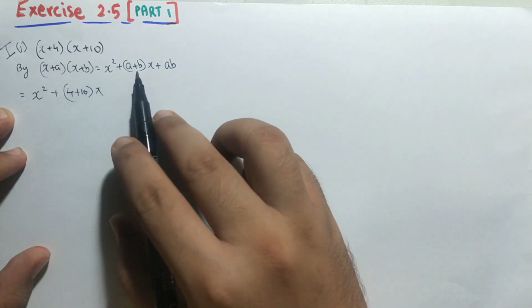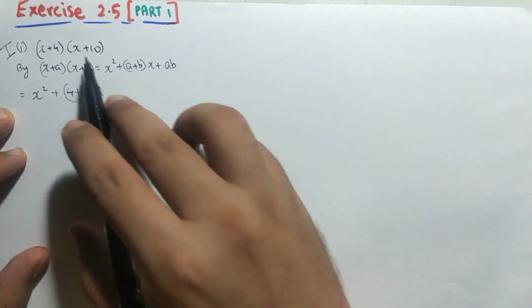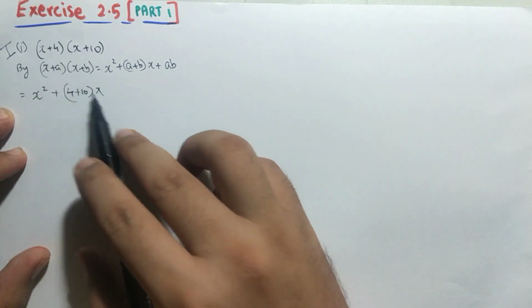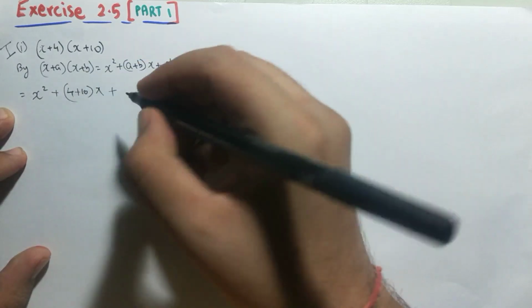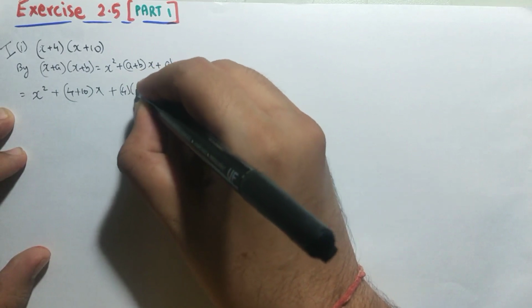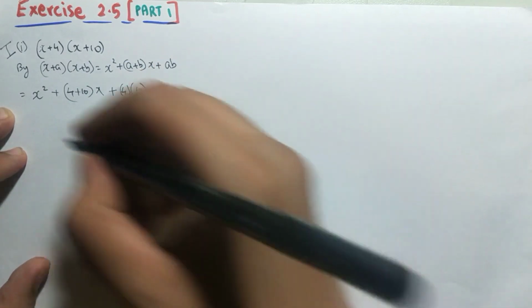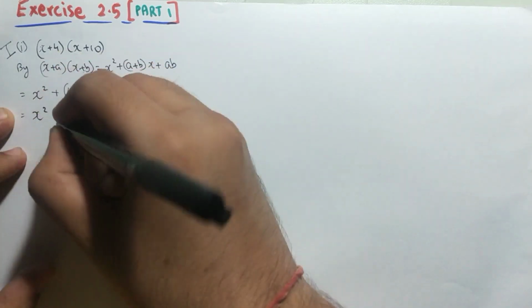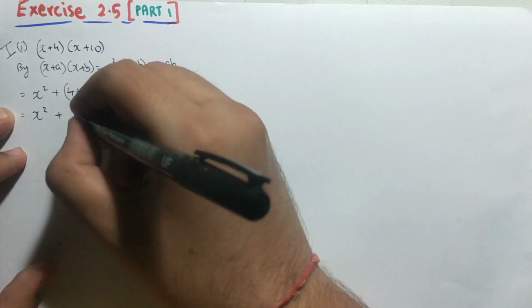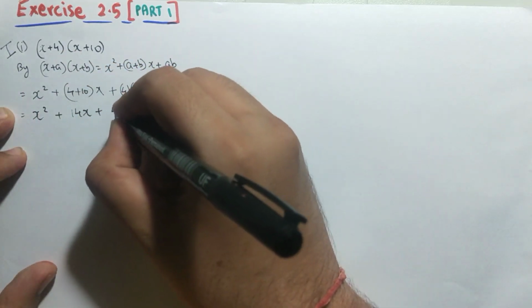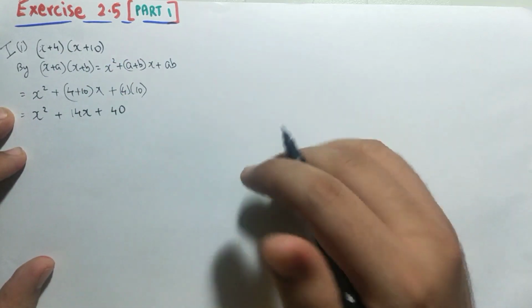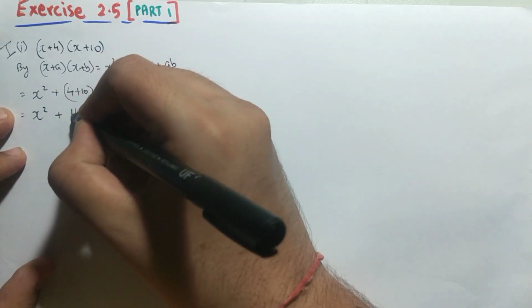So you have to add those and multiply with the first term. So 4 plus 10 I have added into x, plus 4 multiplied by 10. So the answer would be x square plus 14x plus 40. This is your final answer.